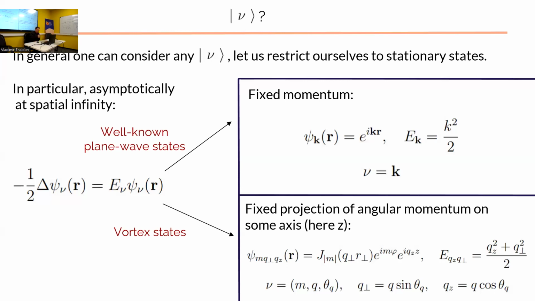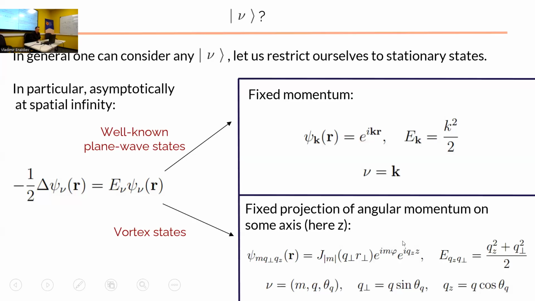We can find a set of solutions in any basis. For example, in the Cartesian basis it's a plane wave. In spherical coordinates it's spherical waves, but also cylindrical. In the cylindrical coordinate system we have the following solution.